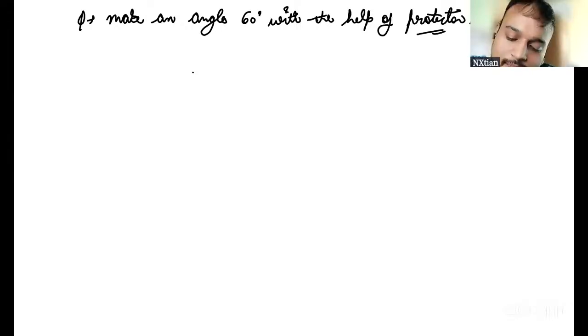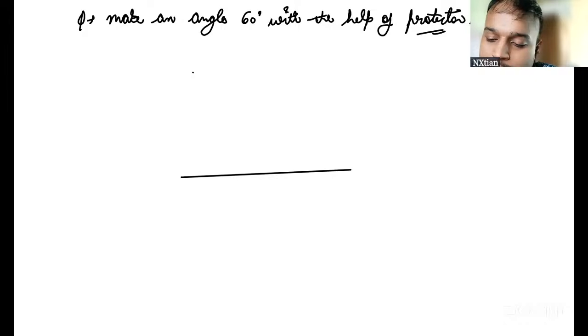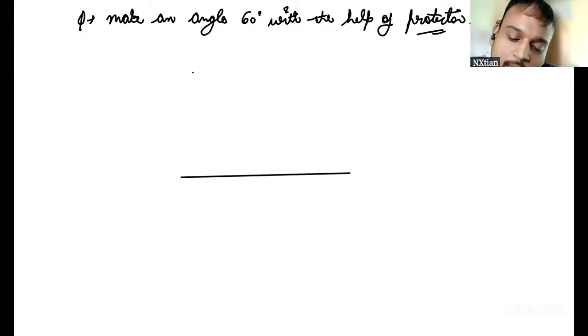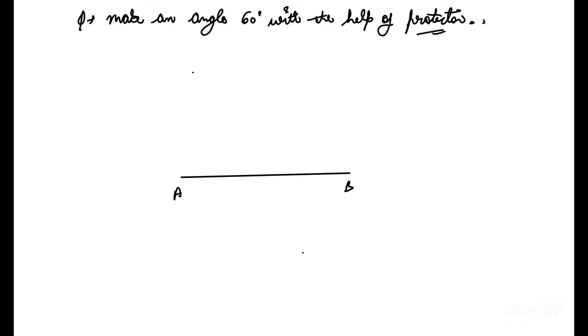So now, how to make it? First of all, for example, if I make a line segment AB, now you have to take that protractor and put it on B. Take the protractor and put it on the B part.